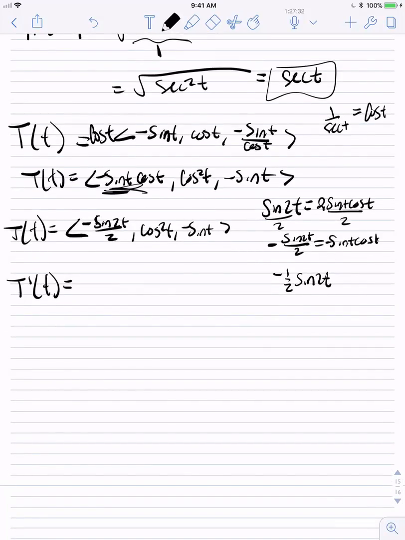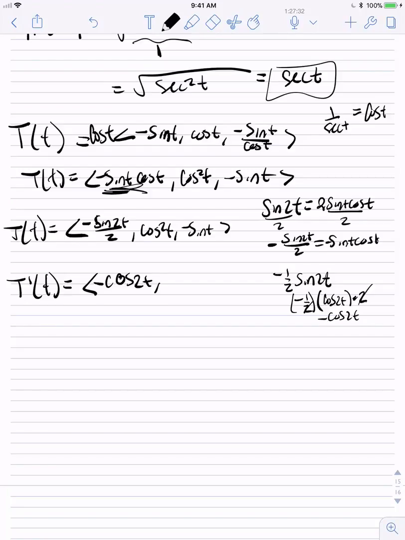So using the product rule, we'll have negative 1/2 times the derivative of the second, which is cosine 2t times 2. And we see that the 2's cancel, 2 and 1/2, leaving us with negative cosine 2t. So that's what we'll put here, negative cosine 2t.